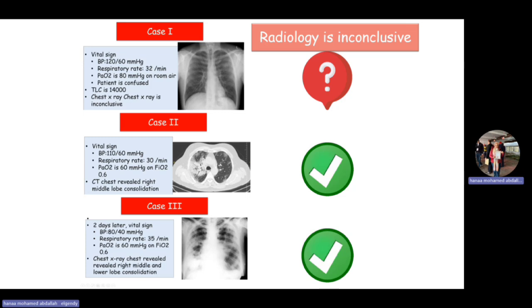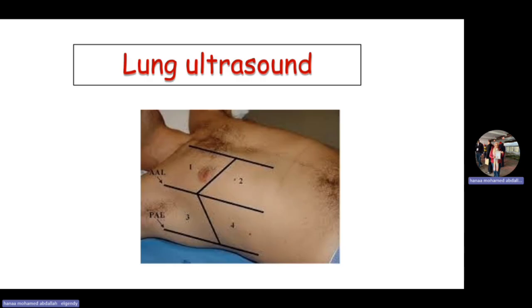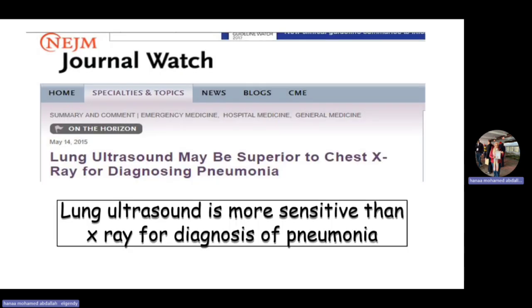But in case two and three, both patients were diagnosed with hospital-acquired pneumonia or ventilator-associated pneumonia. The CT chest for the first case is confirmatory, and we have to do it. We can also use lung ultrasound, which is more sensitive than X-ray for diagnosis of pneumonia.